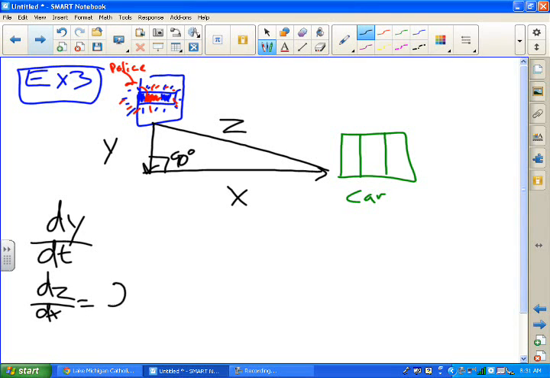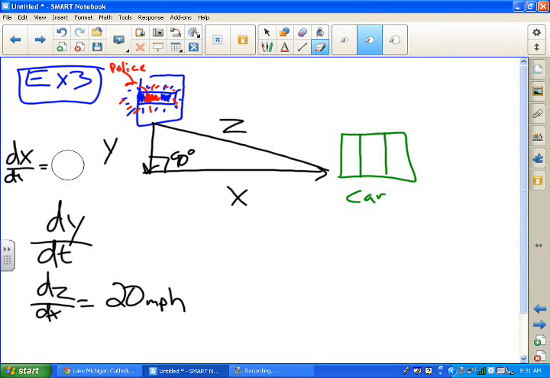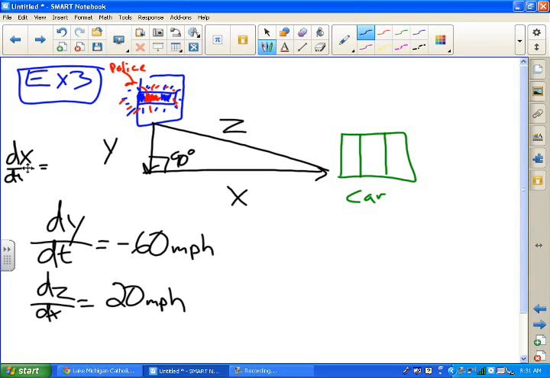If the cruiser is moving at 60 miles per hour at the instant of measurement, what is the speed of the car? One other piece of information is that the police determine with radar that the distance between them and the car is increasing at 20 miles per hour.